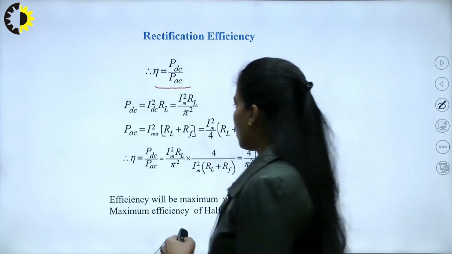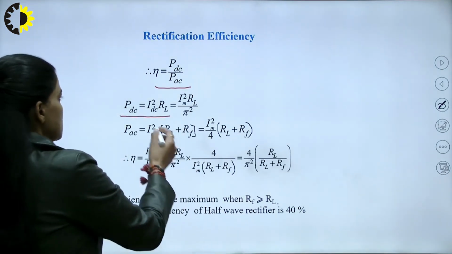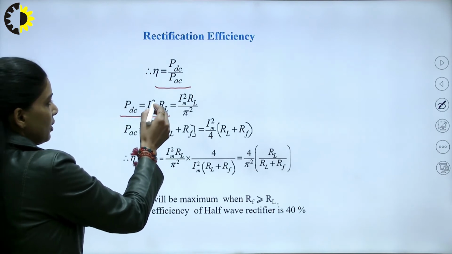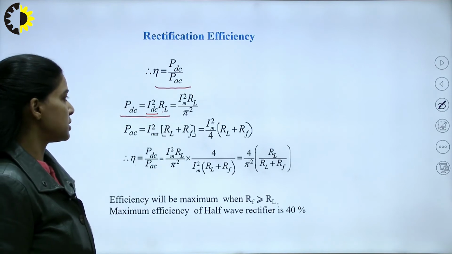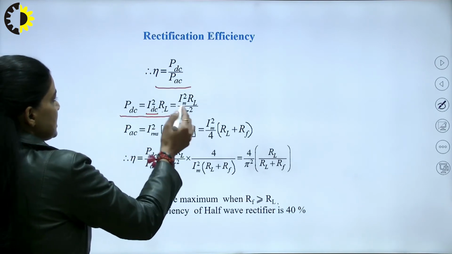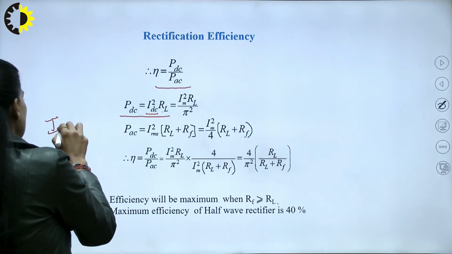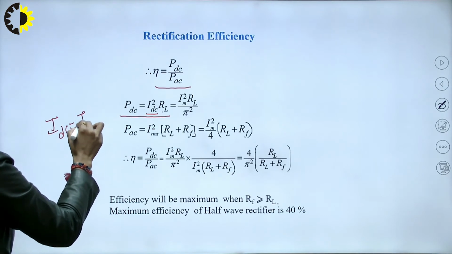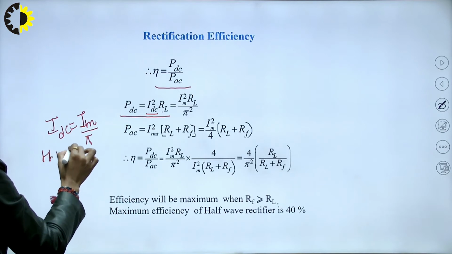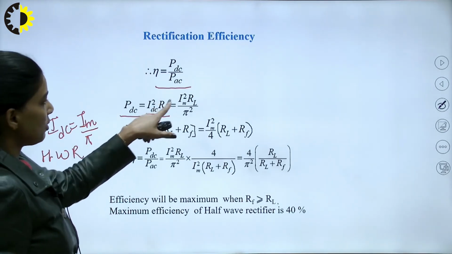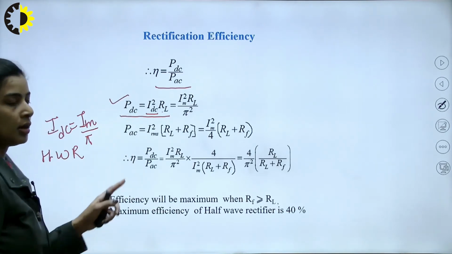Power we all know is I square into R. So, PDC we can calculate by taking the DC current IDC square multiplied by load resistance RL. IDC we have calculated in the previous discussion. IDC is Im upon pi for half wave rectifier. So, putting that value, Im square by pi square into RL will give us DC power.